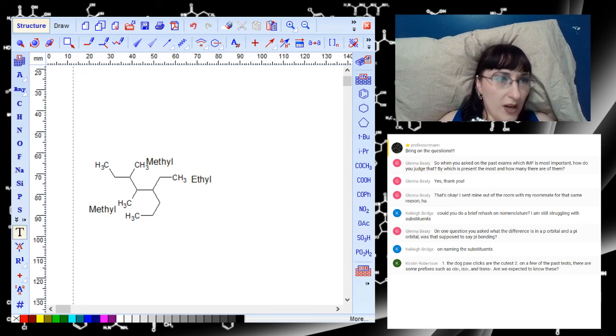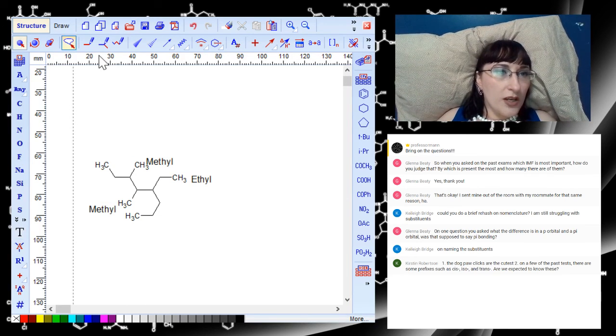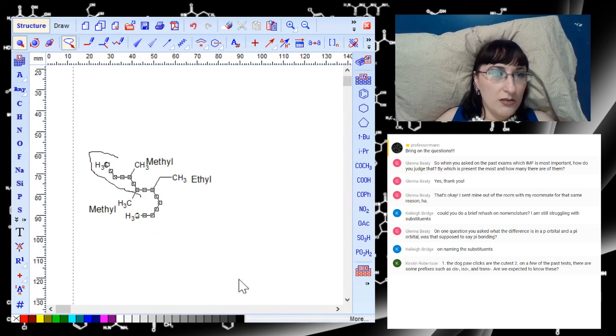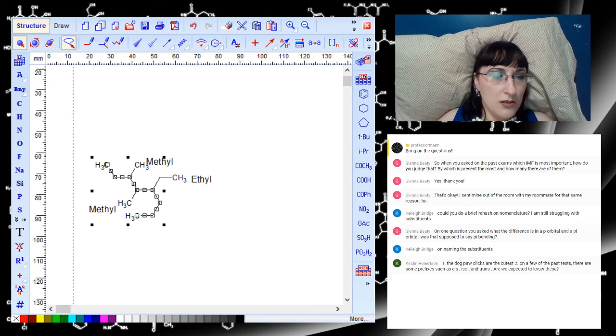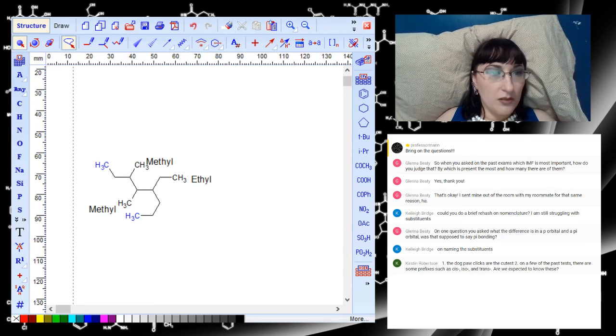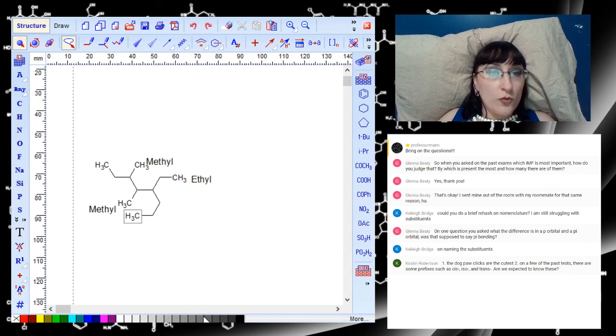Now, I'm going to see if I can highlight and color in the parent chain here. Okay, that's not what I wanted at all. Anyway, this long chain here is the parent chain.